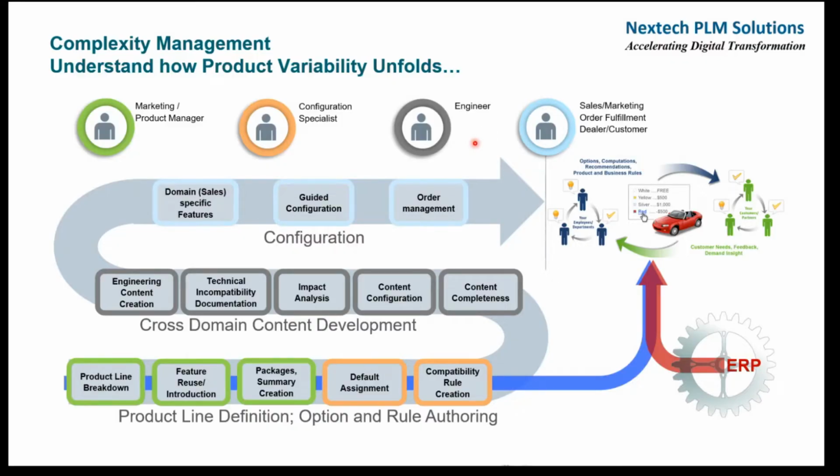And once the order is generated in ERP, then configuration can be performed in the PLM system. So it all depends on your practices. At a high level, this is how one can manage variability considering the overall product landscape.